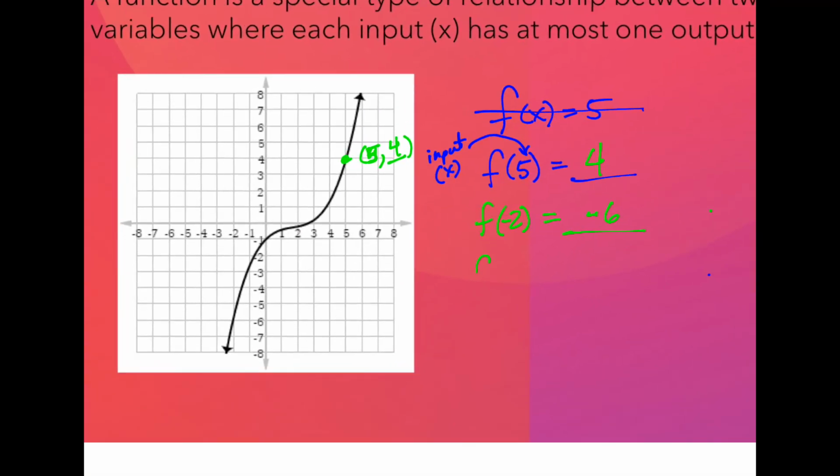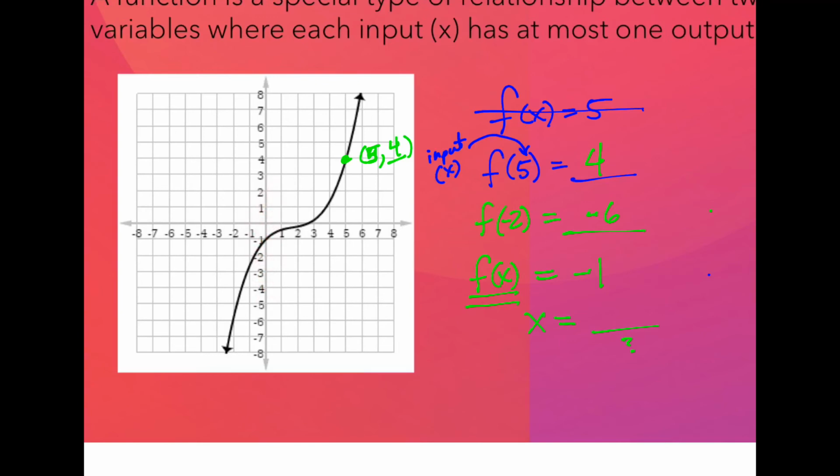This can also go the other way. If f of x is equal to, say, negative 1, what's the x? Remember, f of x is our symbol for y, so it's saying where is y equal to negative 1. Looking along our graph, y is equal to negative 1 right here. In fact, it appears to be the y-intercept, where it's crossing the y-axis.